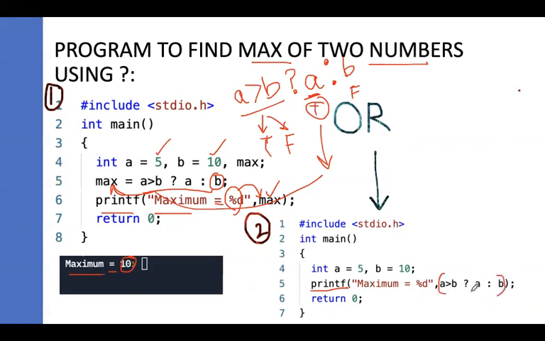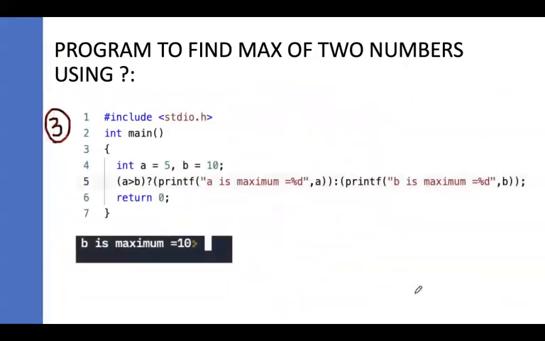It is going to return you an integer value. So that integer value, you're going to print it using the %d directly instead of storing in another separate variable. Now, another option, third method.